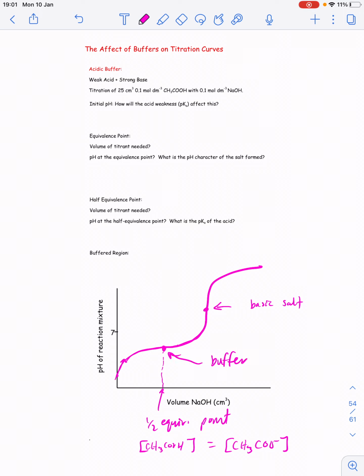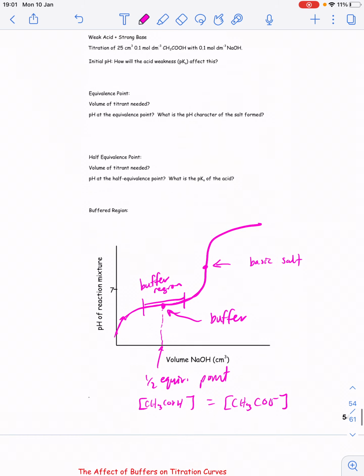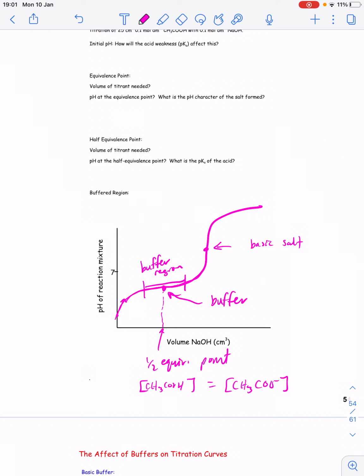And so you get this kind of buffered region around the half equivalence point where the pH doesn't change much despite the fact that you're adding more and more base to it, or more and more acid if we were looking at a base and acid example, because at the half equivalence point, we have equal moles of weak acid and conjugate base. And so at that point, we've created a buffer.